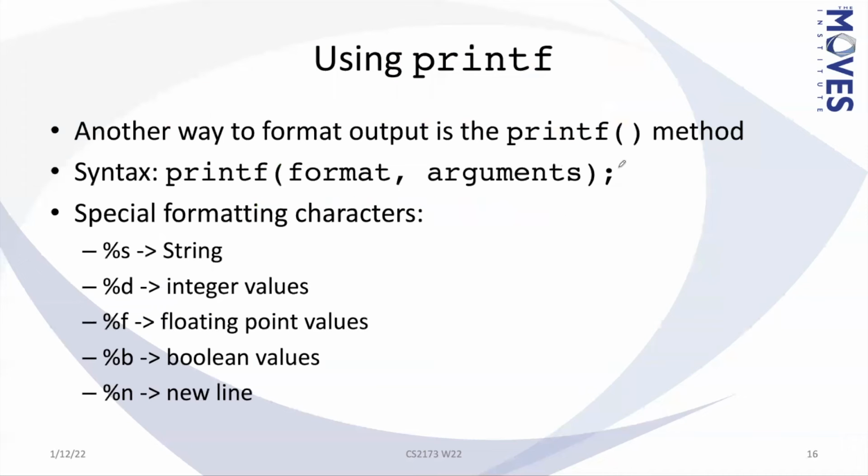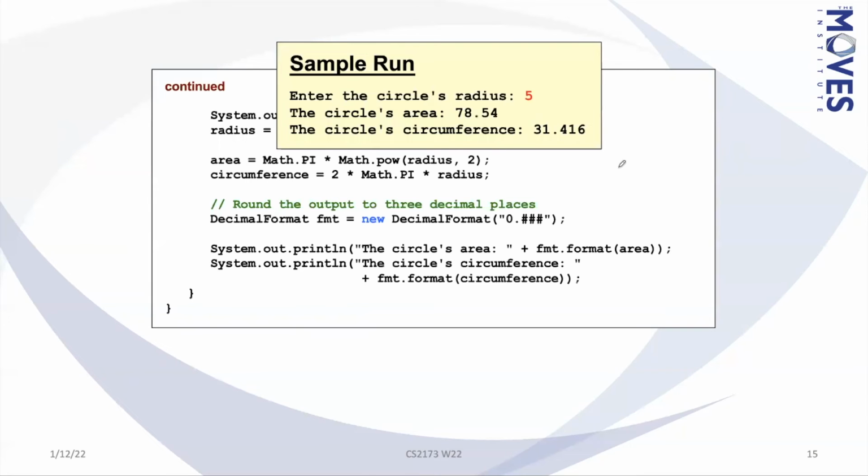Okay, the other way, and the book doesn't talk about this too much, so I'll be posting a little handout that will go through the different values for printf. Basically what happened was that people, especially coming from the C language, were not happy with this way of formatting things.